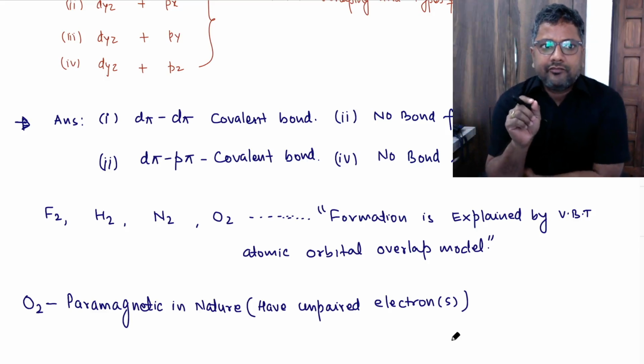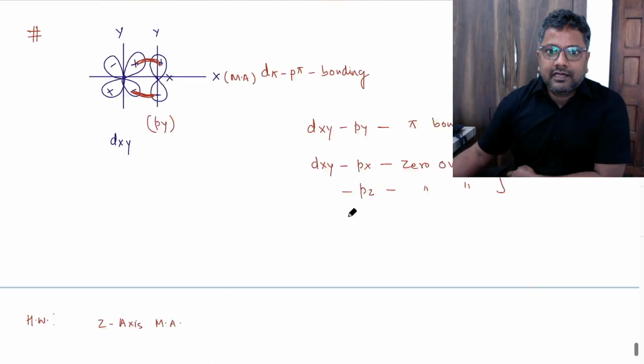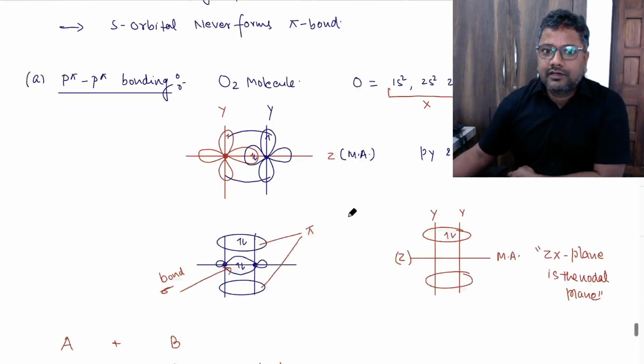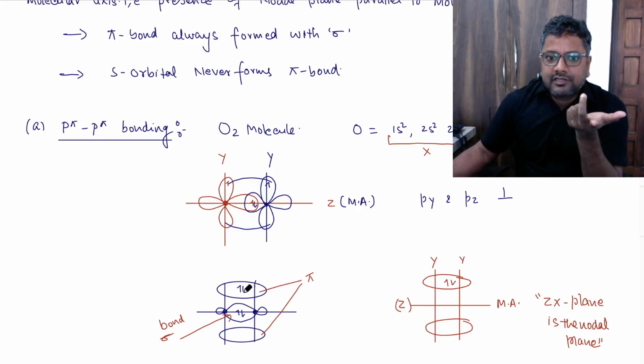So this very important property of this molecule is not explained on the basis of VBT. I have shown you the formation of the O2 molecule here. See here, in this molecule there is no unpaired electron. This electron is paired, in sigma the electron is paired, pi electron is paired, and here these are all paired.